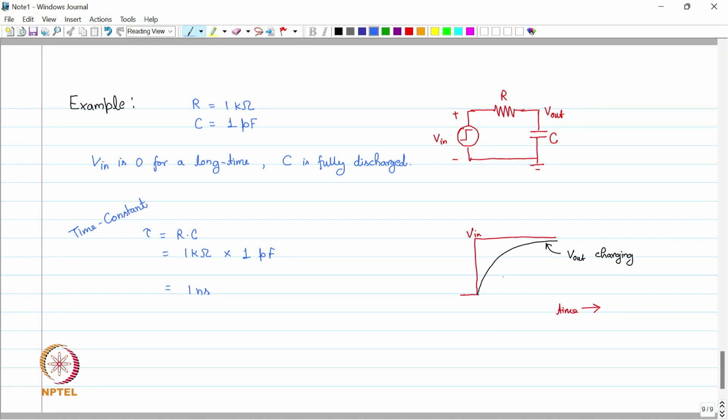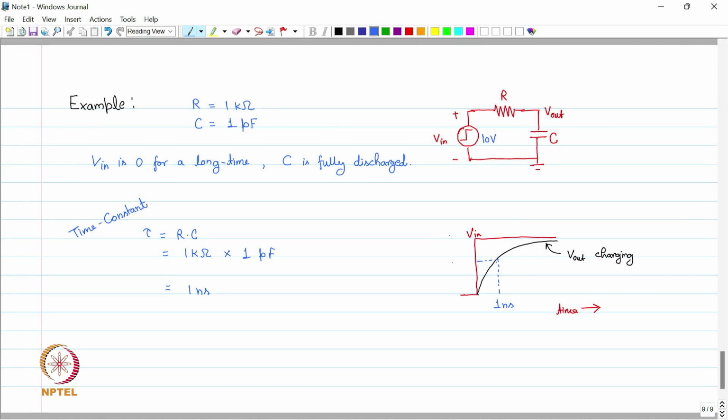It means that the output charging, which is this black curve, in 1 nanosecond will reach 63% of the input value, and the input value we are applying here is 10 volt.